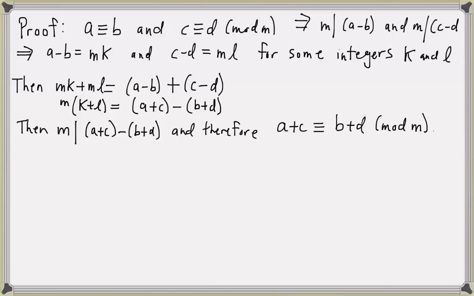Now I'm going to show that A minus C is congruent to B minus D, so we can replace C and D with negative C and negative D to obtain the required expression.